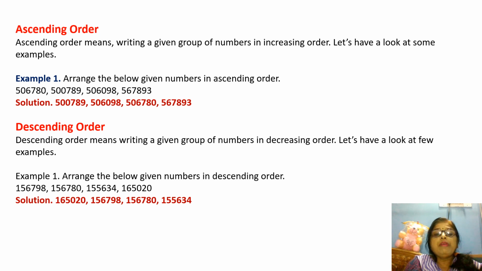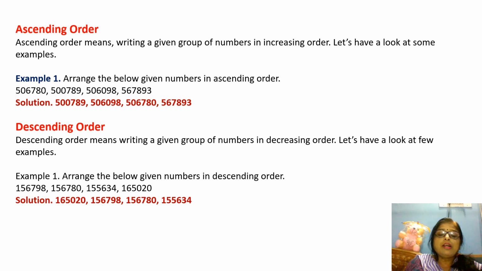So first we will choose the smallest one, that is 5,789. Then greater will be 5,06,098. Then 5,06,780. And the last one is the largest number, that is 5,67,893.